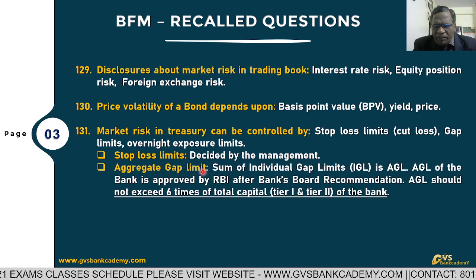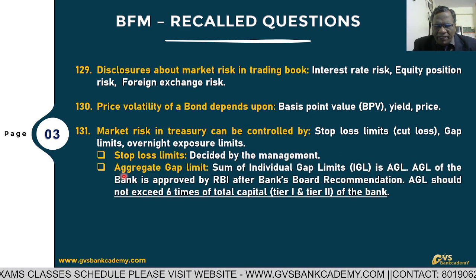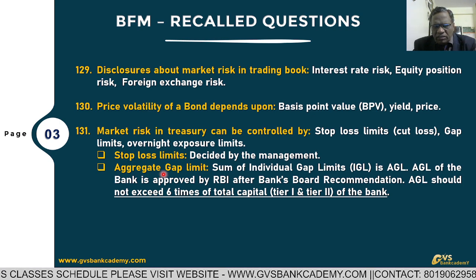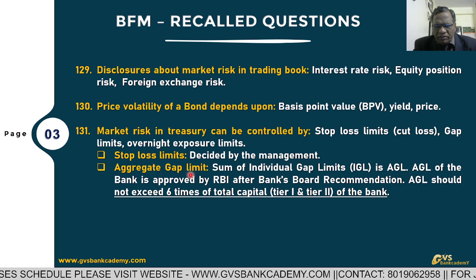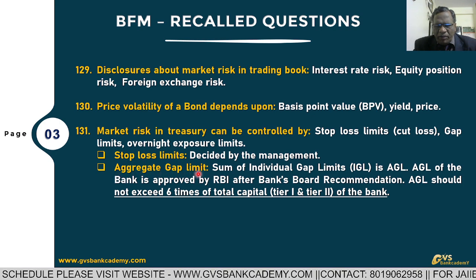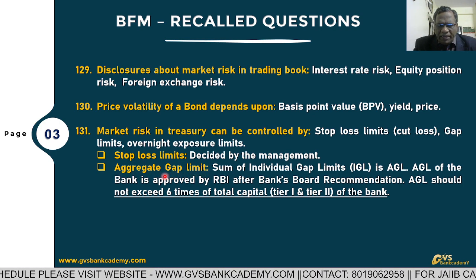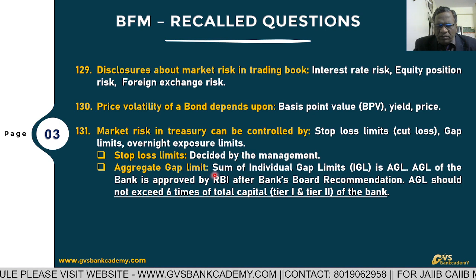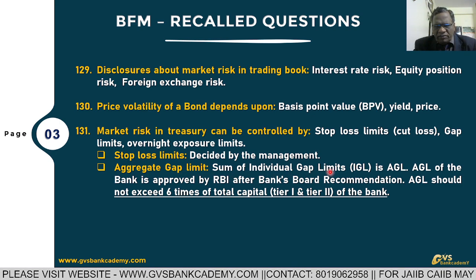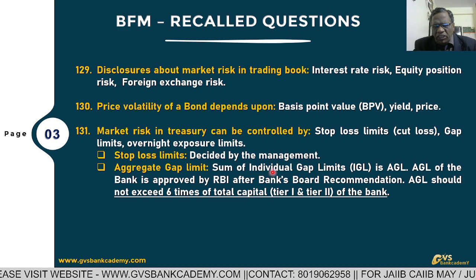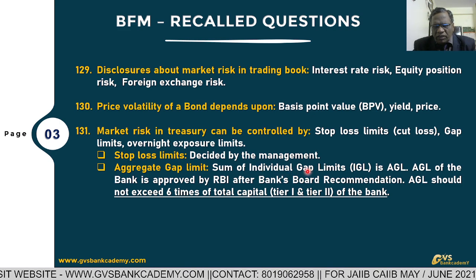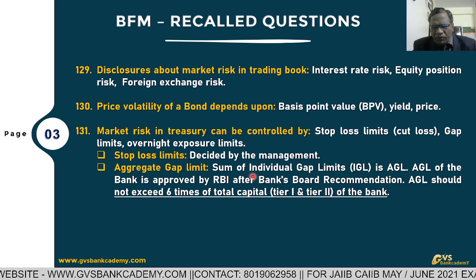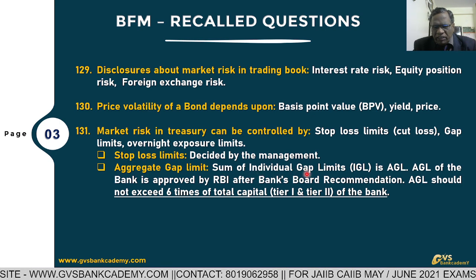Aggregate gap limit, AGL, means if a bank is dealing with many foreign currencies, the limit for all those foreign currencies together is called the aggregate gap limit of the bank. Aggregate gap limit of the bank is equal to the sum of individual currency limits. For example dollar, pounds, Japanese yen. Individual gap means the individual currency limit.